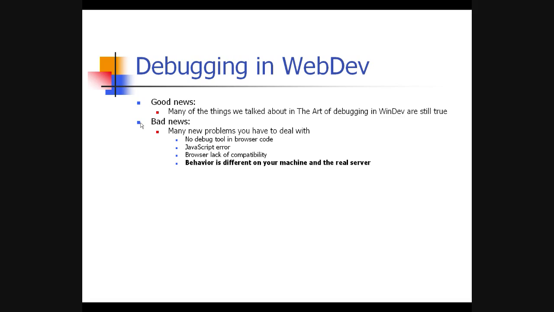As soon as you deploy that on a server, obviously that absolute path could be correct on the server, but if it is correct on the server, there's no way it's going to be also correct on the client machine. So just on that aspect, the behavior is going to be different on your machine and on the real server. Worse, the behavior is going to be different on your test server and the real server.